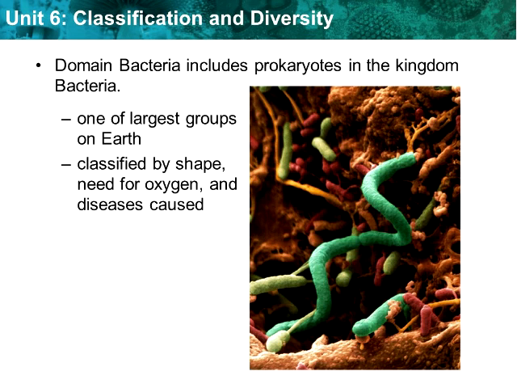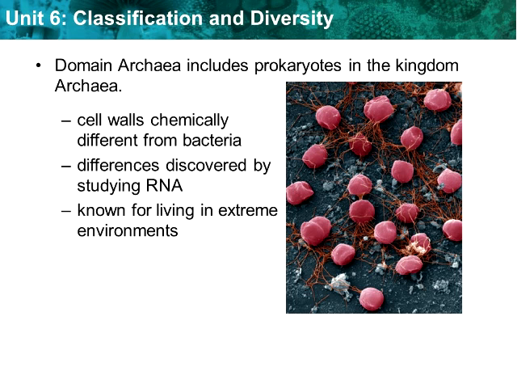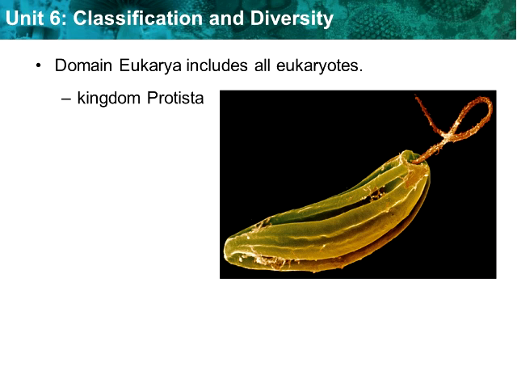It's one of the largest groups, and obviously we all know there's bacteria everywhere. Within that group, they're classified by shape, need for oxygen, and diseases caused. That's how they break that further down from that domain.